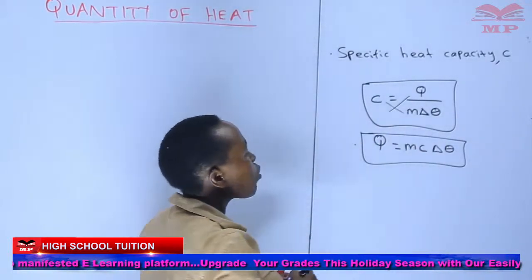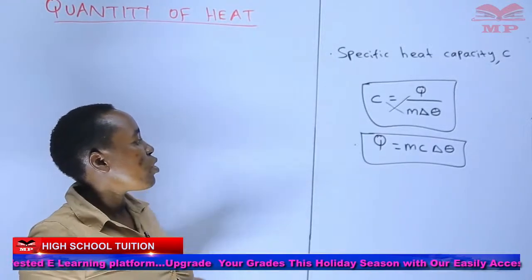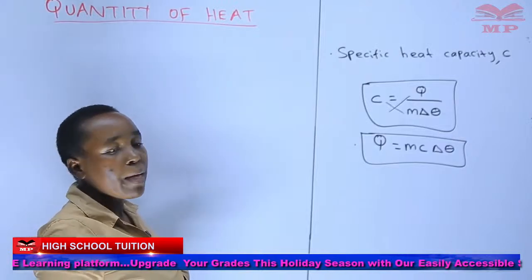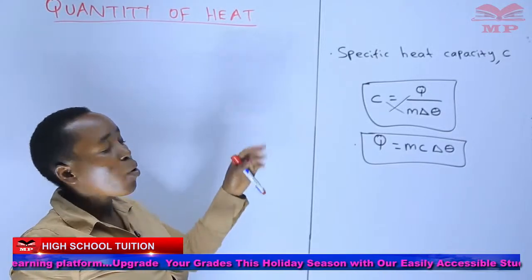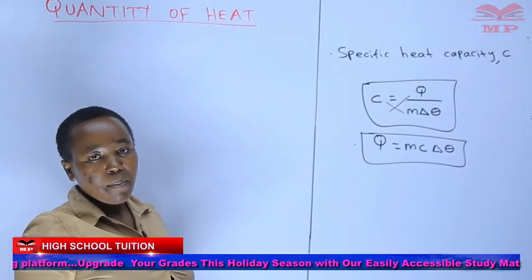So we are going to make use of that formula. Make note of it. So quantity of heat is mass times specific heat capacity multiplied by the change in temperature, from the definition of specific heat capacity.